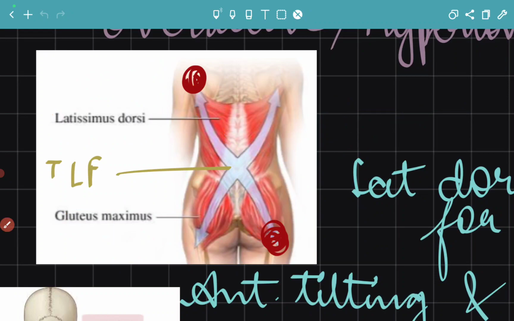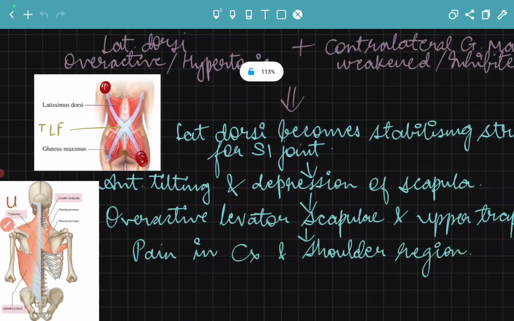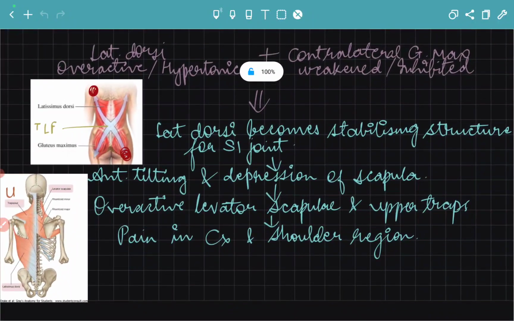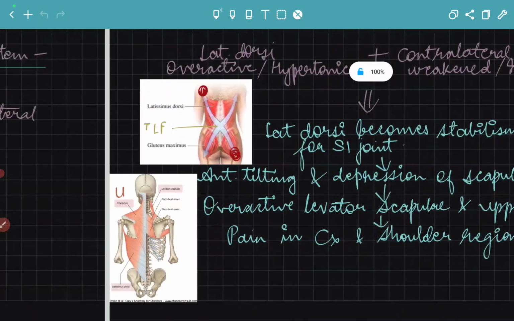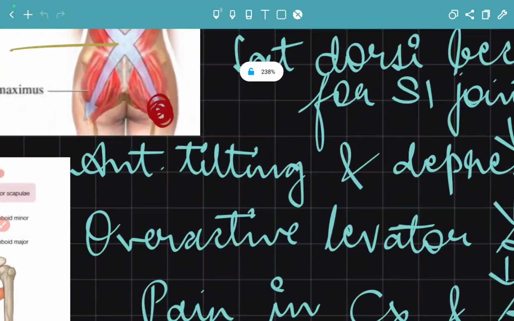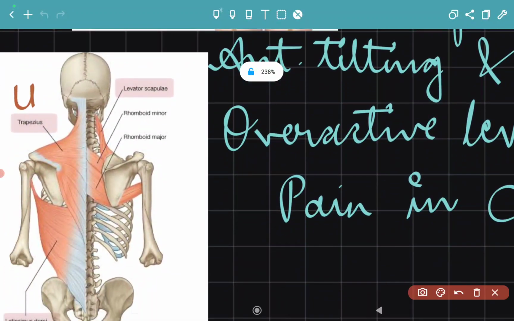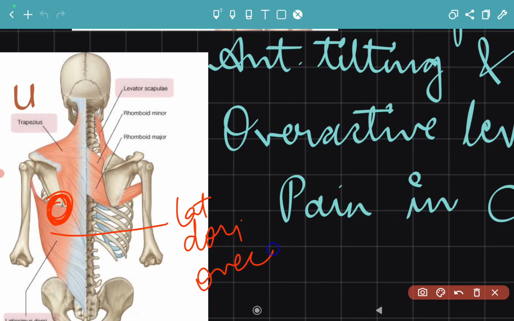And as we know that the latissimus dorsi attaches to the inferior angle of scapula. It has its attachment over the inferior angle of scapula, as can be appreciated. So what it will do, the overactive latissimus dorsi will cause depression of scapula as well as its anterior tilting.